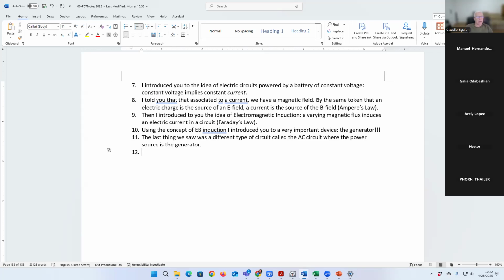What we are going to do now is elaborate on this idea of electromagnetic induction. There is more to it than what I have told you.